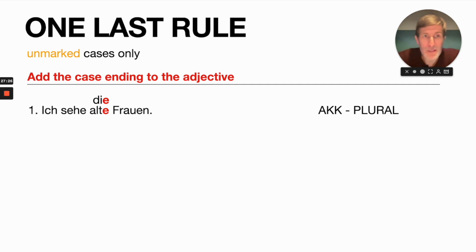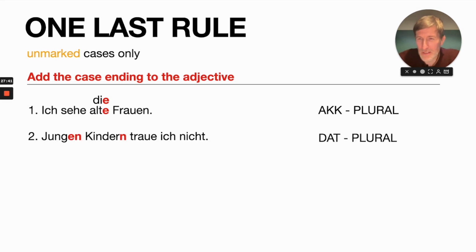So if this is an unmarked case, no article in front of it, no ending in front of it, then you have to add the case ending to the adjective, or the article ending to the adjective, like you can see here. Another example, jungen Kindern traue ich nicht. There is no article here.